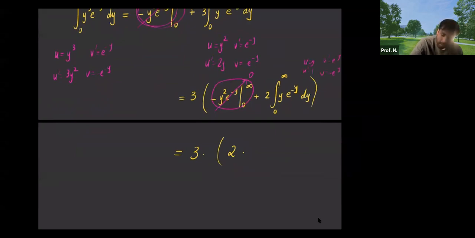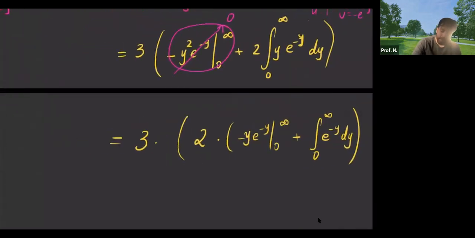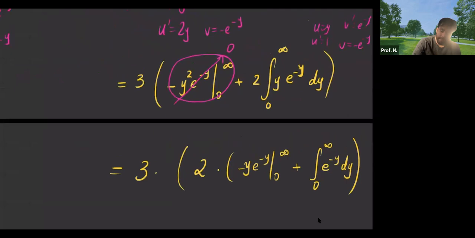And then you get y times negative e to the negative y from 0 to infinity, plus the integral from 0 to infinity of e to the negative y dy. But actually, I think we could have just finished it here.